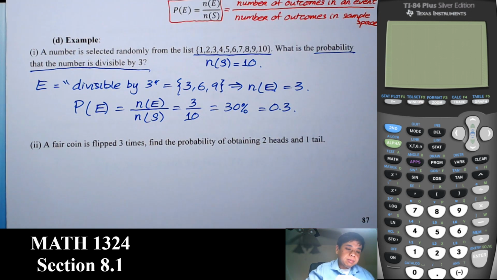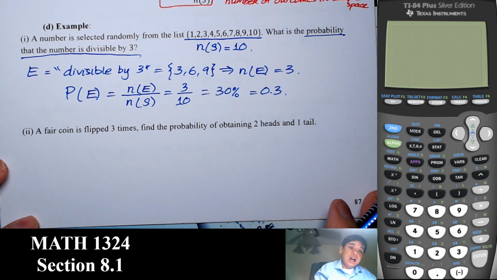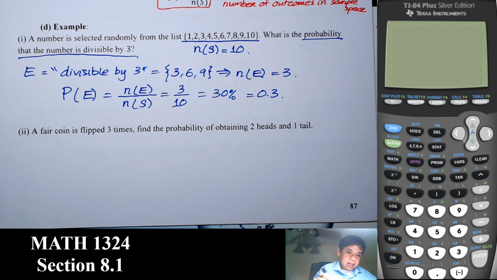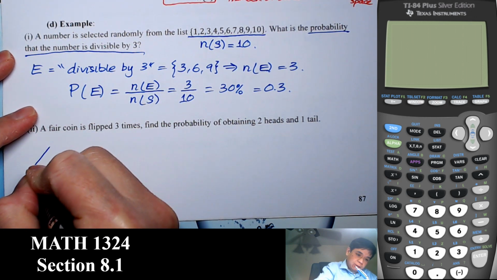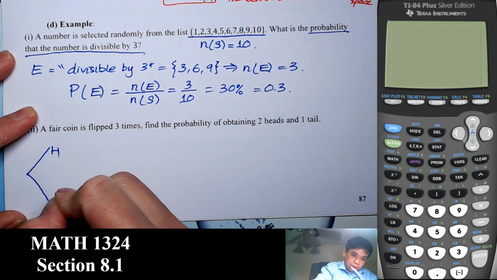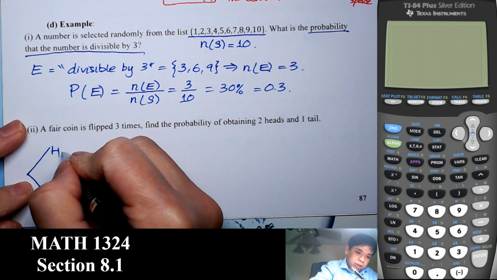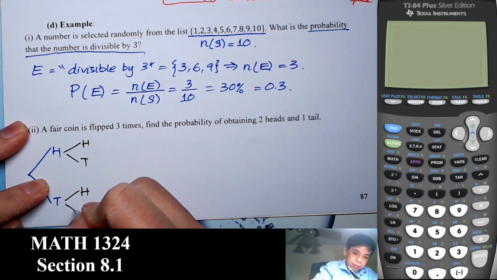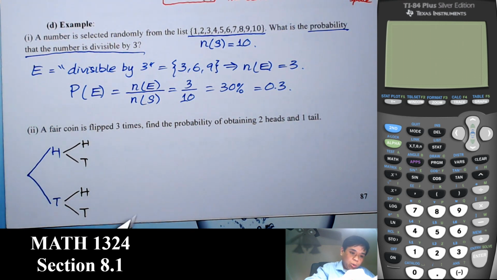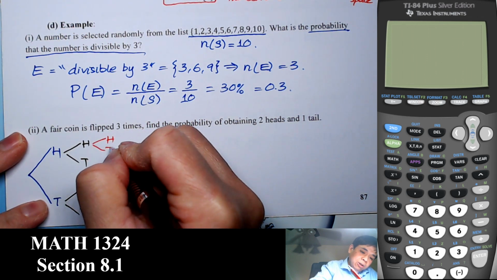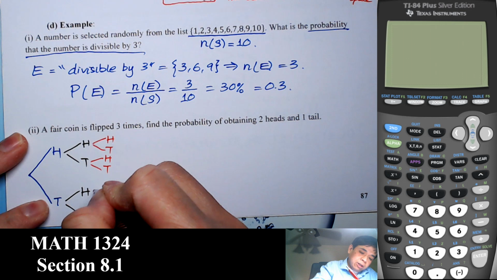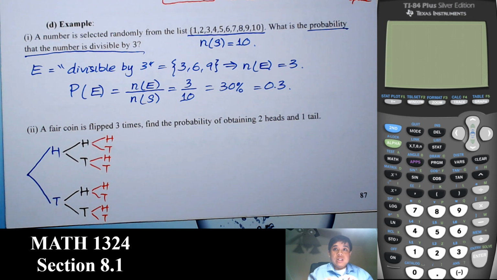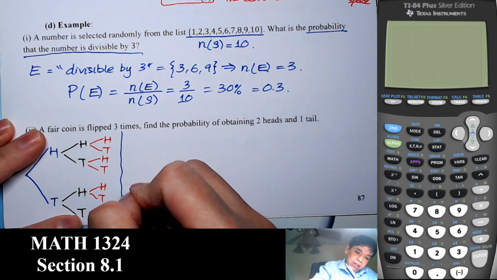Right, next. A fair coin is flipped 3 times. Find the probability of getting 2 heads and 1 tail. So, the first coin could be head or tail. The second coin could be head or tail. And the third coin could be head or tail. Now we just list how many we have in the sample space.